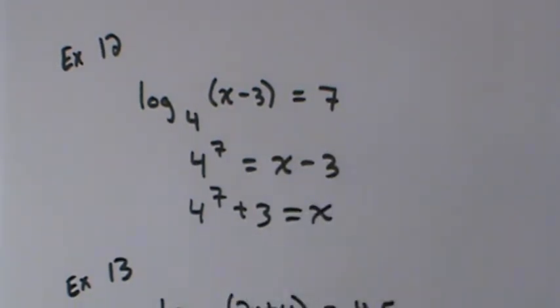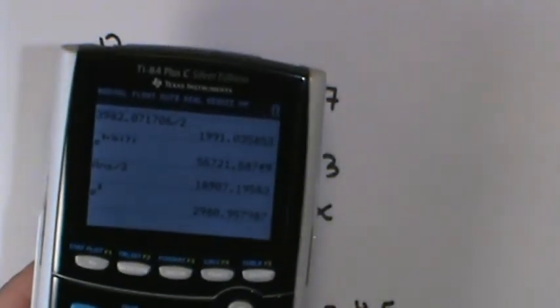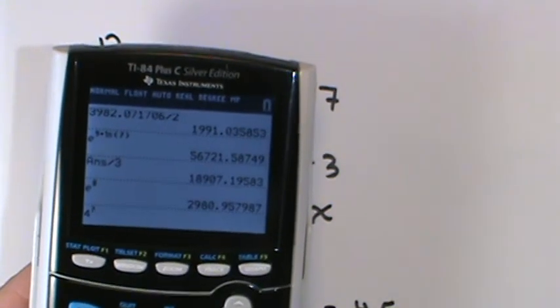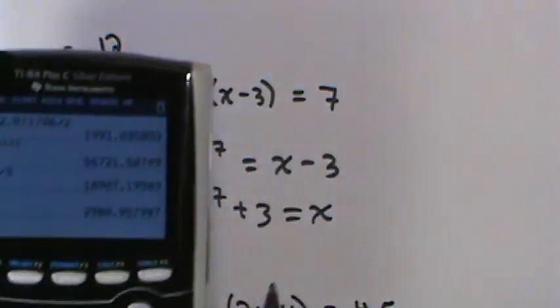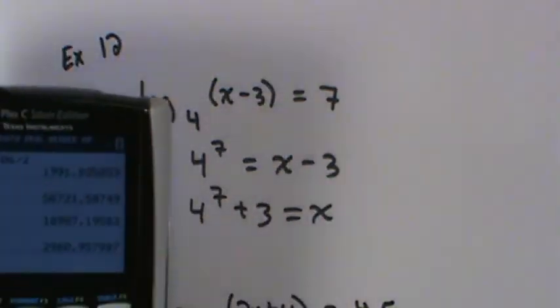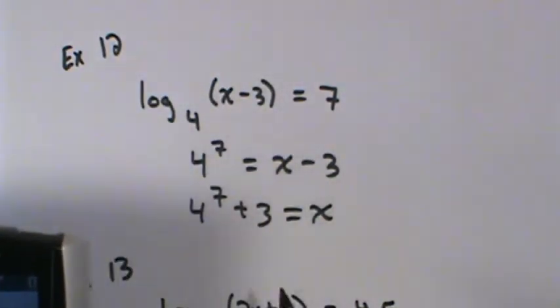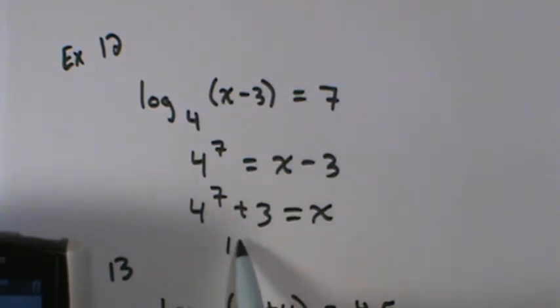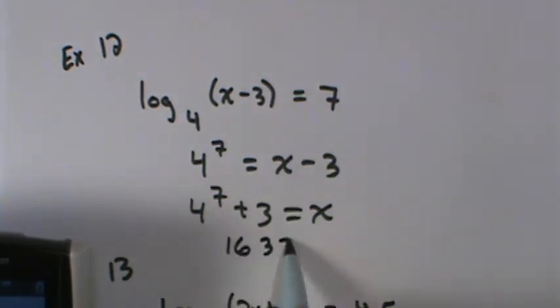And that's all calculator work. So I go to my calculator, 4 raised to the 7th. Again, make sure you do that right arrow key so it puts you back to your regular script, plus 3, and I get 16,387 is equal to x.